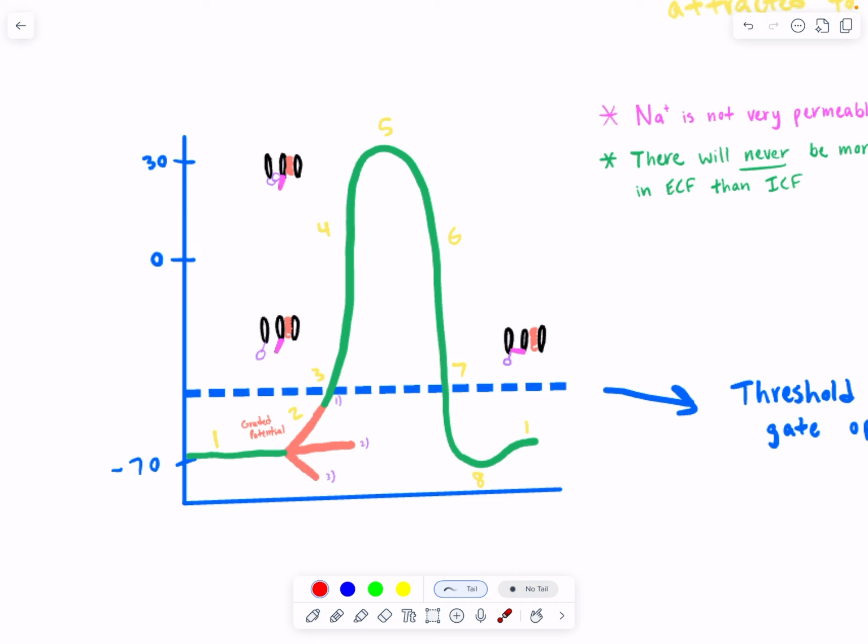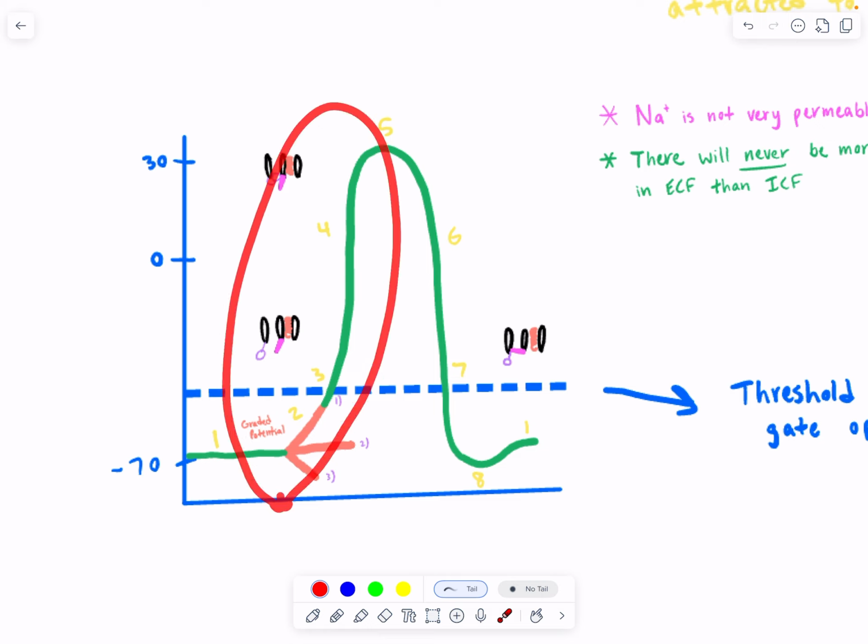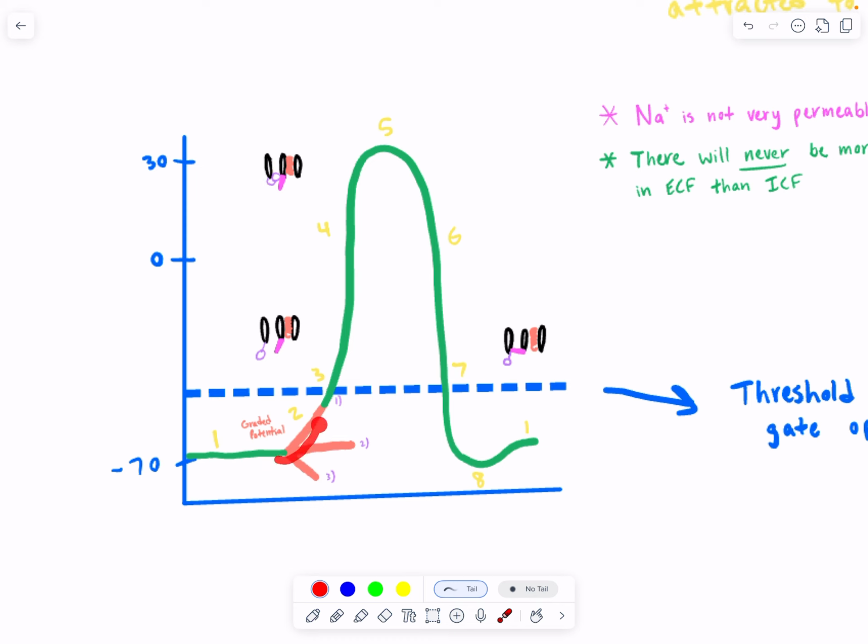But there's potassium voltage channels, which start to open right here, and potassium goes out of the cell, and this makes it more and more negative. So this phase right here is called depolarization, where we're going more positive. This is called repolarization, or we're coming back down, or the falling.